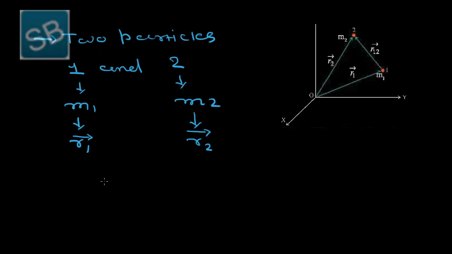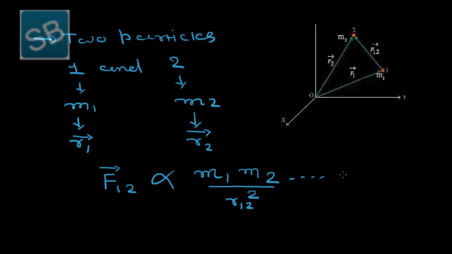So if I write that the force existing on particle 1 by particle 2 is directly proportional to m1 into m2 divided by the distance between them, which I have considered over here as r12 square.